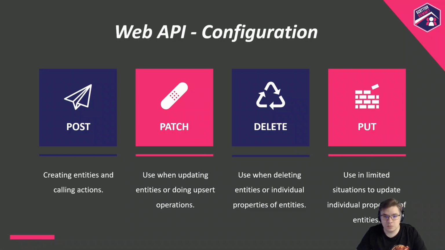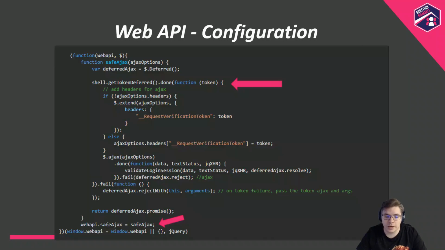So let's see what the actual code looks like. On the screen right now, you can see the Web API wrapper provided by Microsoft. You don't need to remember it, you can just copy and paste it from the official documentation page, but let's take a deeper look at it. One of the things that I mentioned previously was the CSRF token.